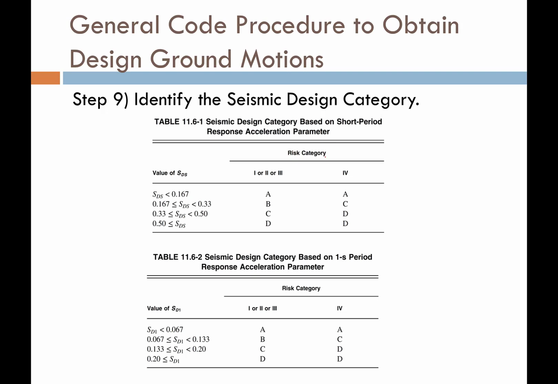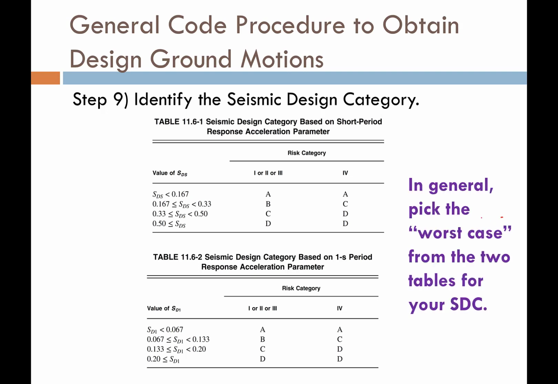And from each one of these tables, you pick the one letter that corresponds to your category. Then it's going to be the worst case of the two. So the highest letter is going to be the one that governs your design, and it's going to be your seismic design category. In general, we go from A to D, and increasing letter order means increasing seismic risk.